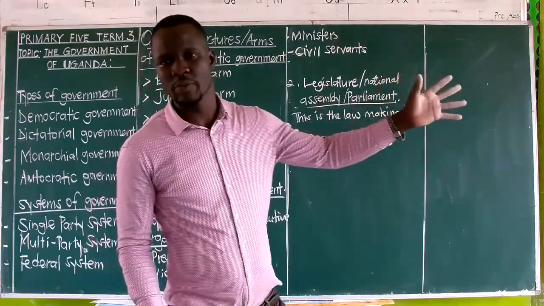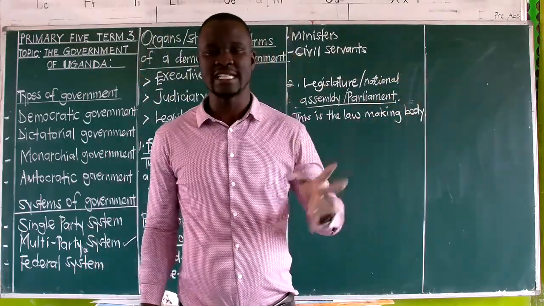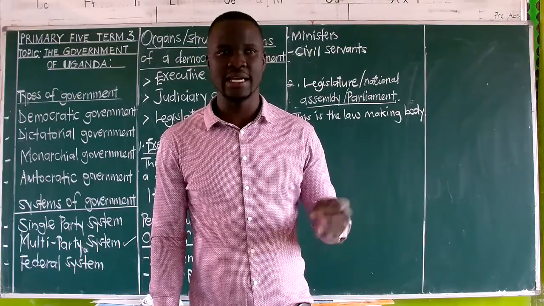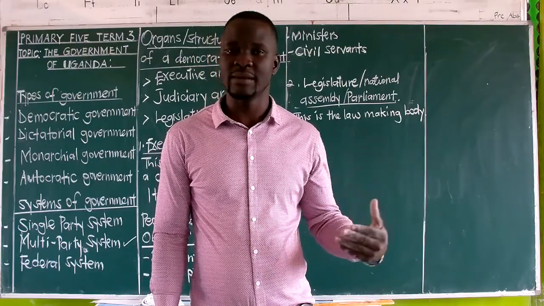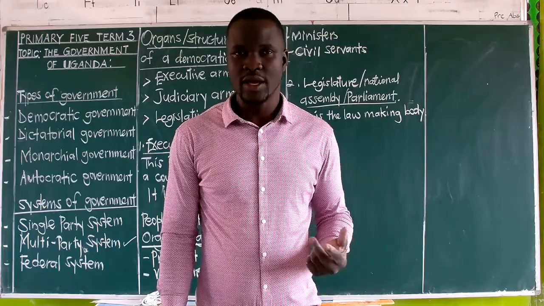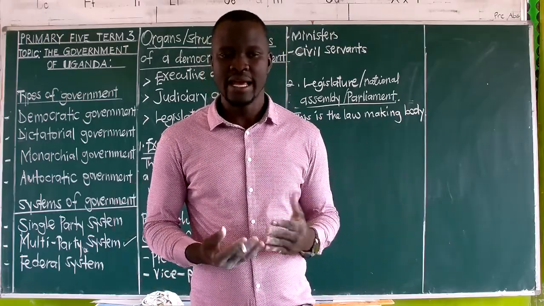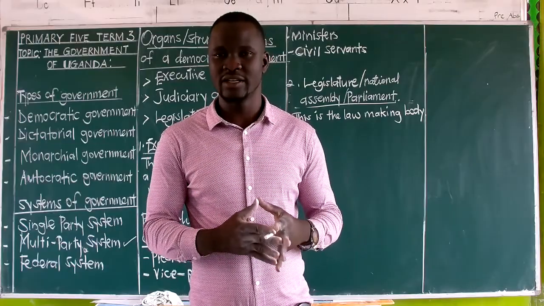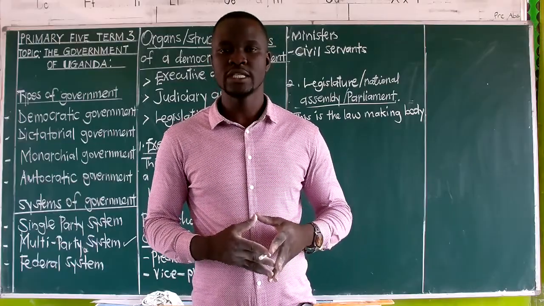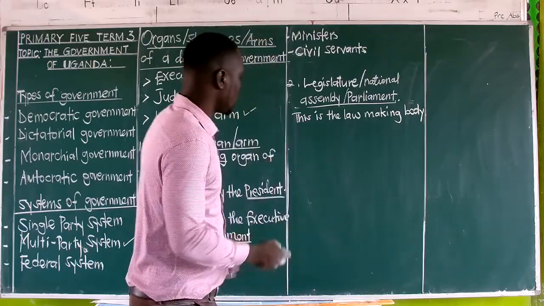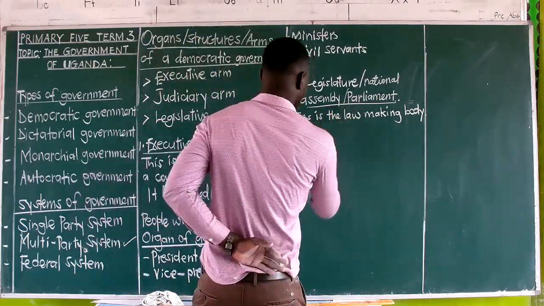In the previous topic, we were looking at Uganda as an independent nation, and we talked about the characteristics of a nation, like a nation having its own constitution. So we will find that these laws, which are set or amended, are documented in that constitution, which the people of Uganda are supposed to be following. So that is about the Parliament.